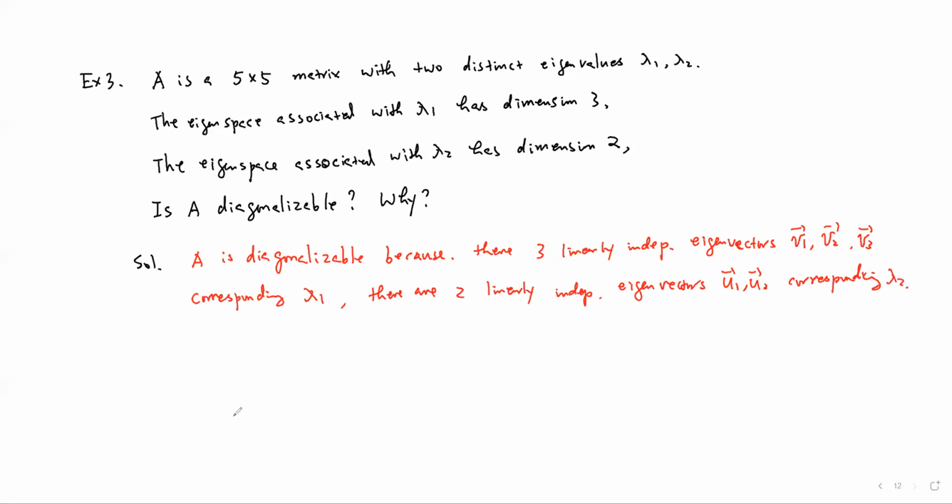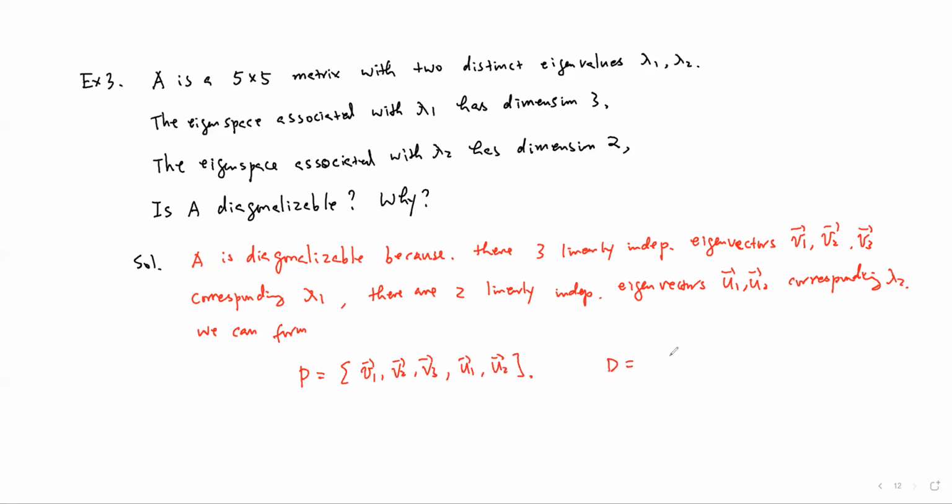We have 5 linearly independent eigenvectors, so we can form matrix P. The order of the eigenvectors doesn't matter. Say V1, V2, V3, and then put U1, U2 here.